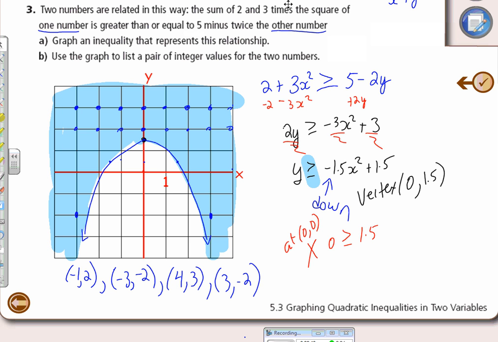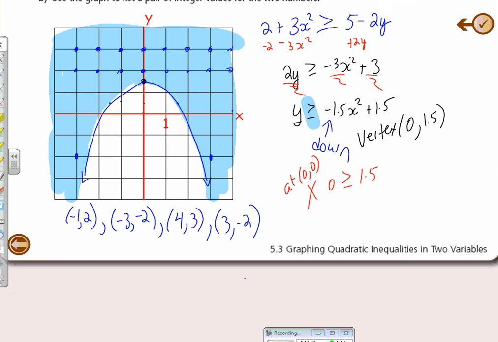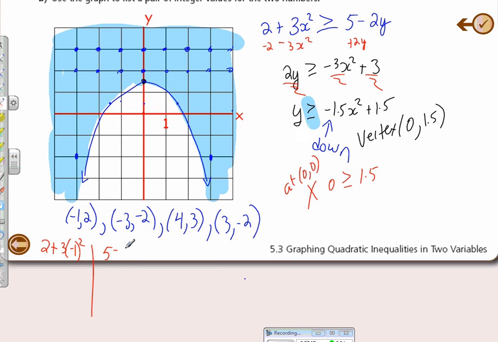The sum of 2 plus 3 times the square of the number has to be greater than or equal to 5 minus twice the other number.